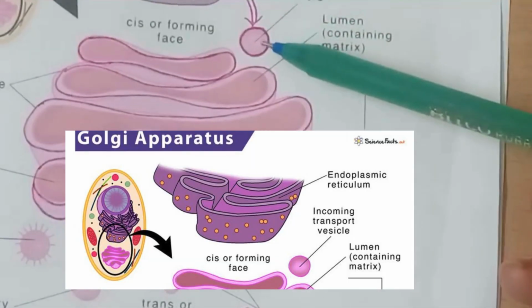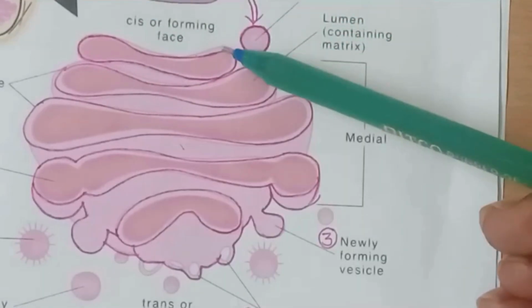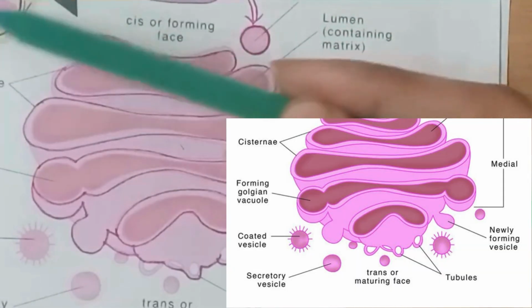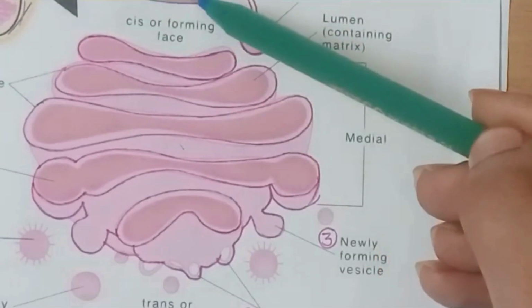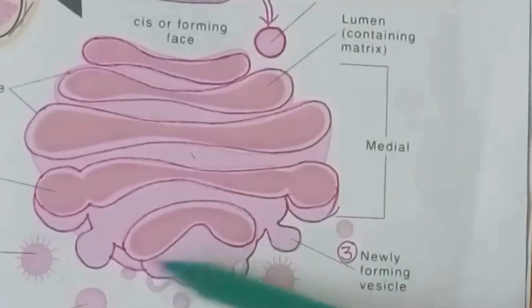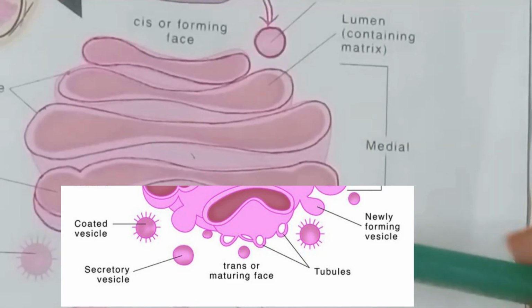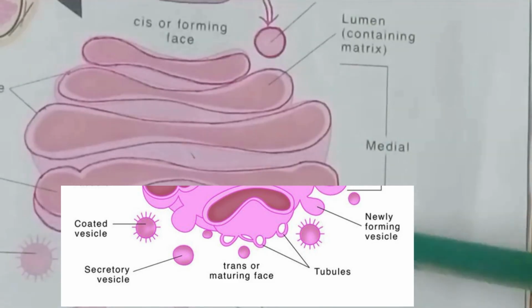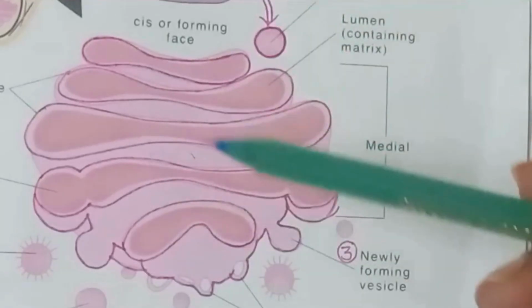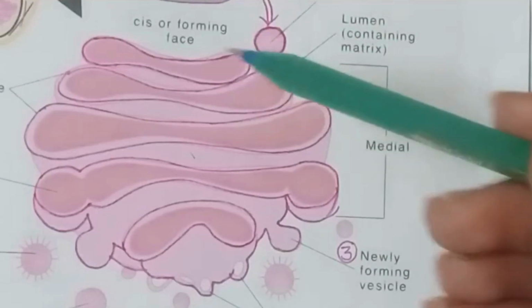The proteins which are synthesized in the endoplasmic reticulum are transported towards the cisternae of the Golgi apparatus and fuse to the cis face of the Golgi apparatus and move towards the trans, maturing face, where these proteins are modified before they are released out of the trans face, and these later act as lysosomes and perform various functions in the cell. Let's discuss the structure of the lysosome in detail.